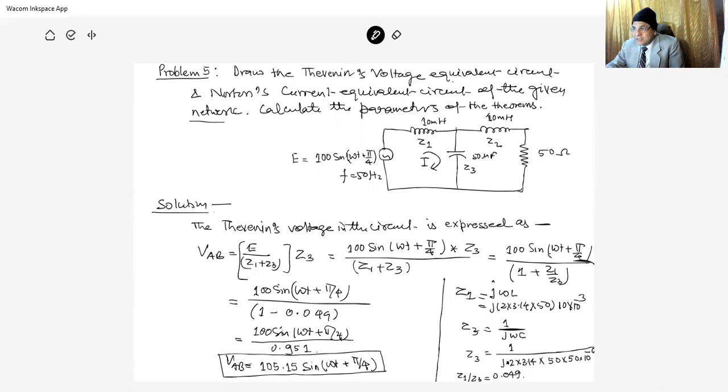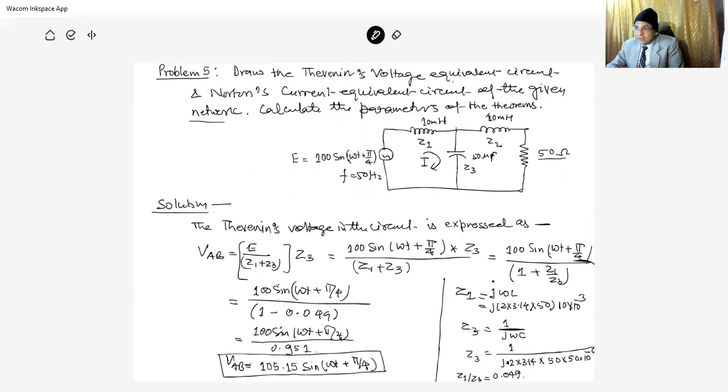This AC source is connected with 10 millihenry, which is Z1, and 50 microfarad, which is Z3, and this is Z2, 10 millihenry, and this is the 50 ohm.